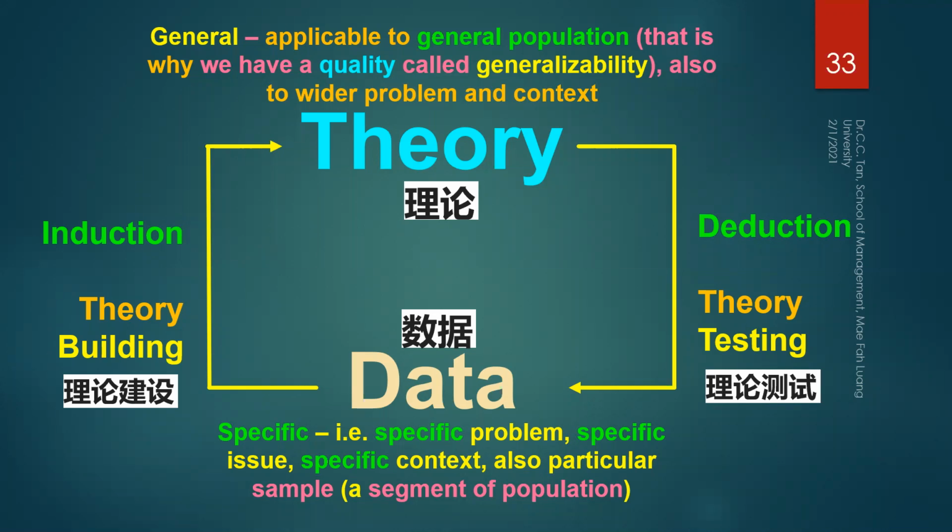A very important requirement, especially when I look at students' assignments or articles in peer review, is that the data is more specific. We are talking about specific details and specific applications, while the theory is a general understanding.